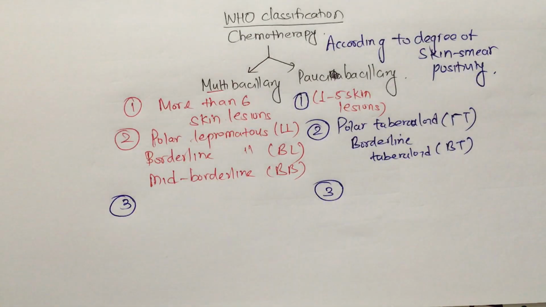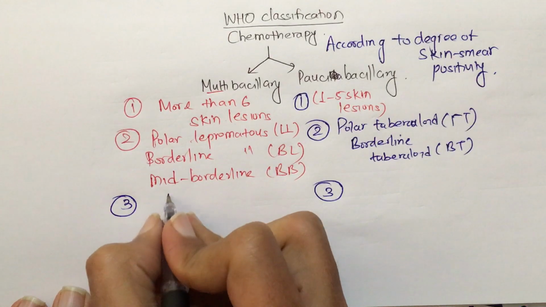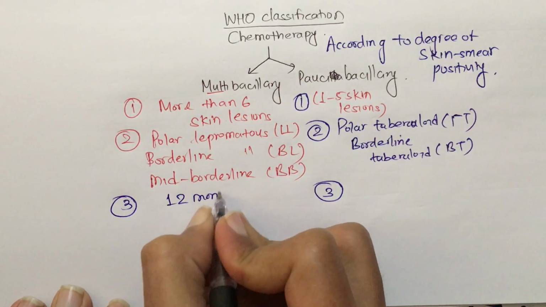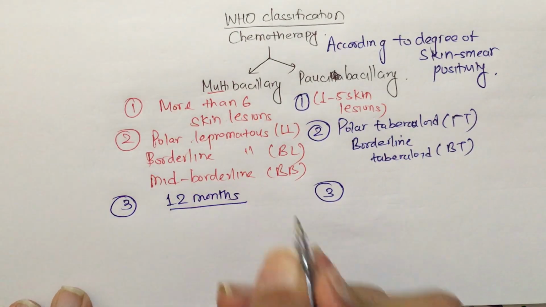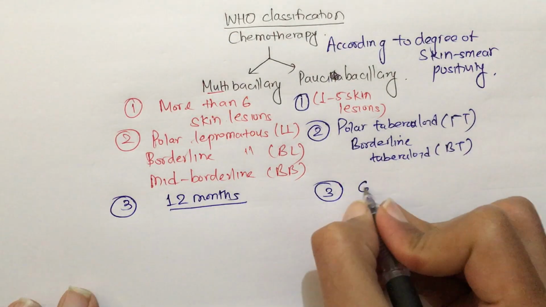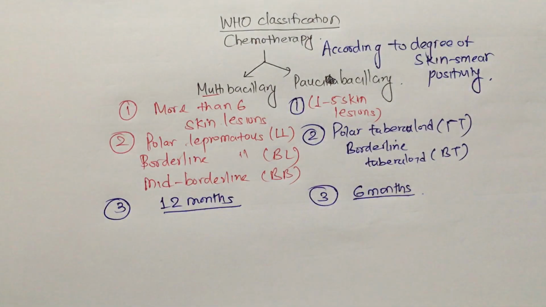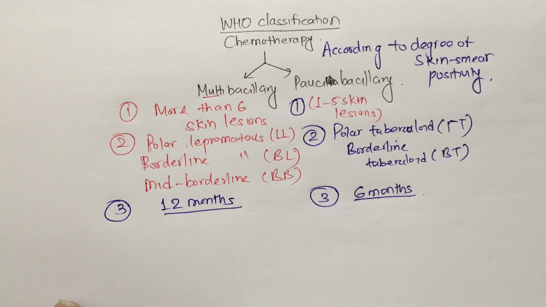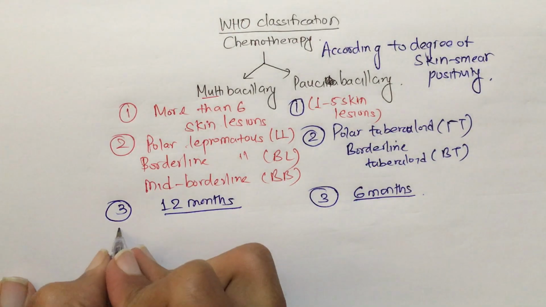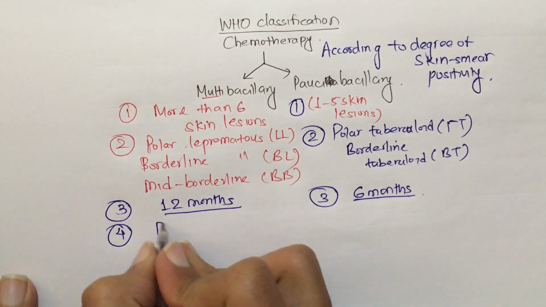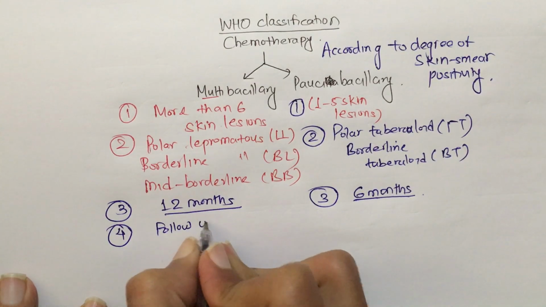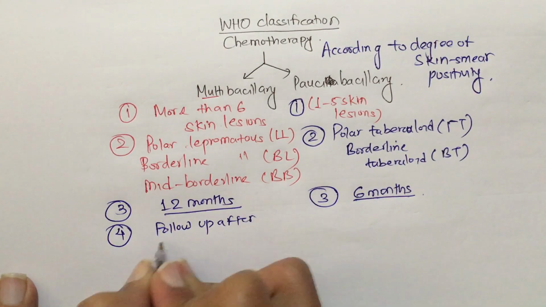Third, in the multibacillary classification, the treatment duration is 12 months, whereas in the paucibacillary it is 6 months. We will discuss this in detail when we discuss the treatment. Then there is follow-up after treatment.